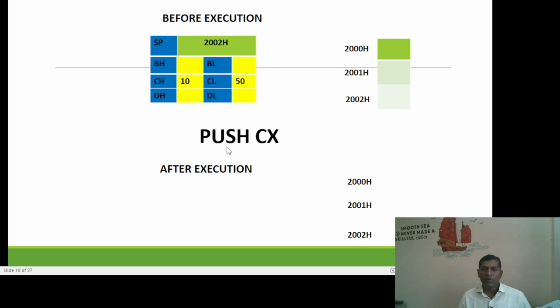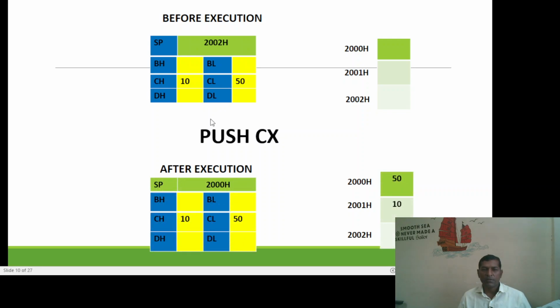When we execute a PUSH CX, CX is holding 10 in the higher location, whereas CL is in the lower location of this register. After execution of this PUSH CX, the contents of the higher register CH will be copied into this stack data structure.